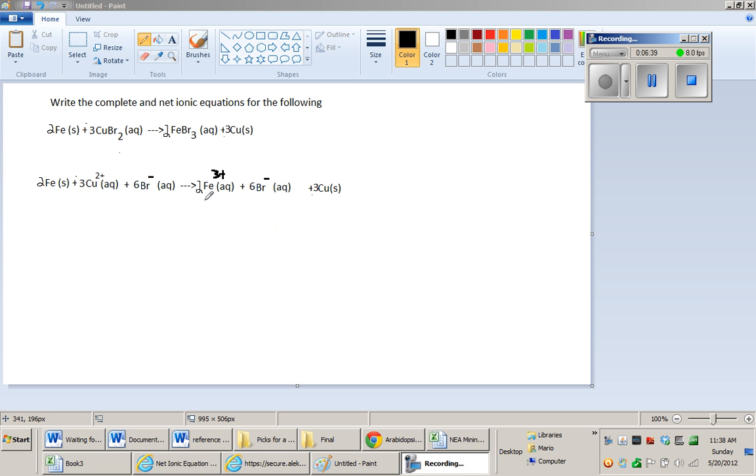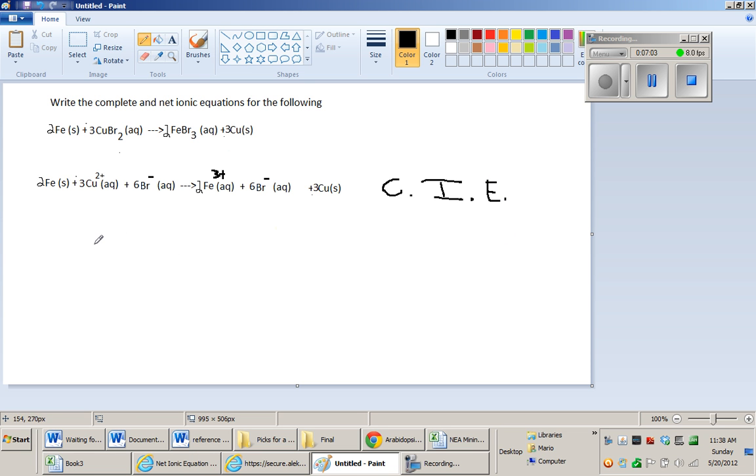I have neither created nor destroyed charges going from reactants to products, and I can't do that. There's conservation of charge. So it makes sense that I've written it the way I have. So this is the complete ionic equation. Just abbreviating it for you. So that's the complete ionic equation.